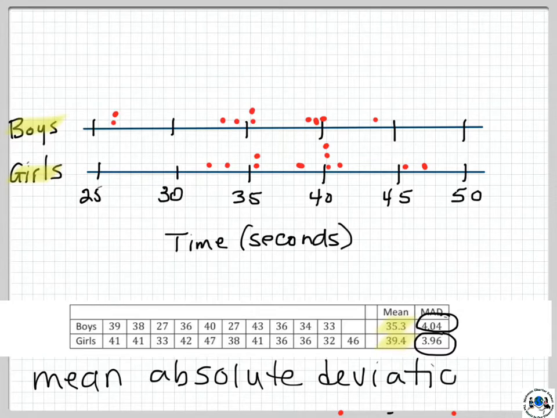Again, like the standard deviation I talked to you about before, the formula is kind of convoluted and complicated. So I'm thinking they're just giving you these MADs just for comparison's sake.